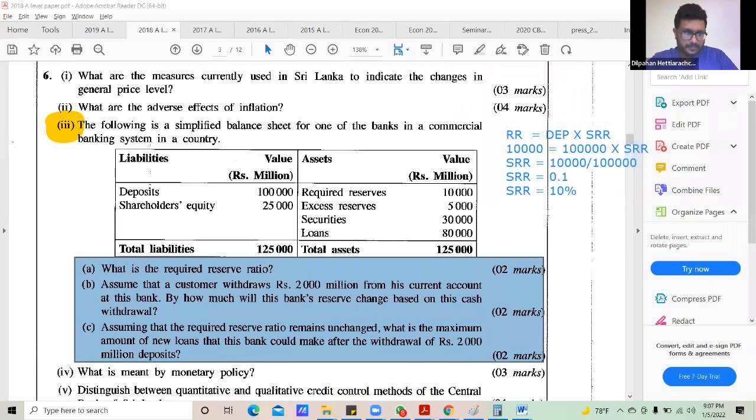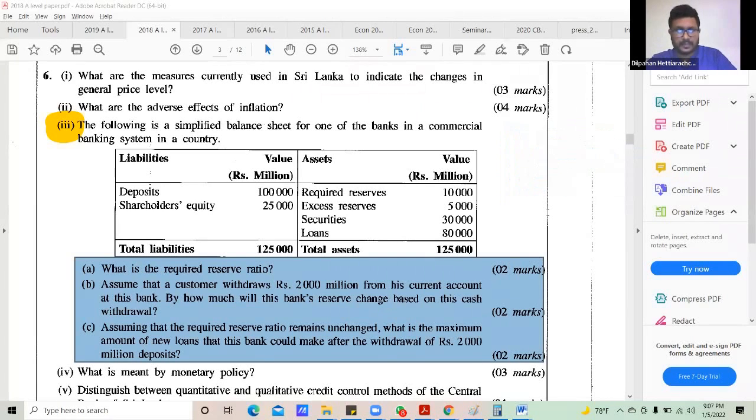What's the next question? Assume that a customer withdrew 2,000 million from his current account at this bank. By how much will this bank's reserve change based on cash withdrawal? Right. I will take a note and explain.